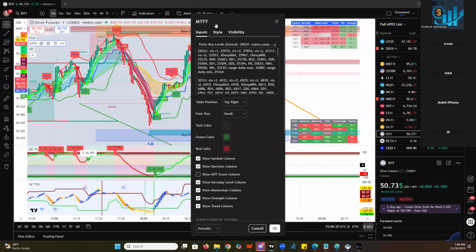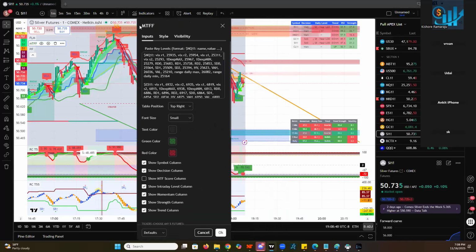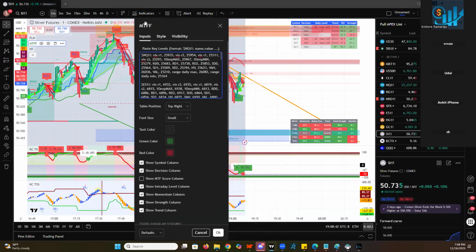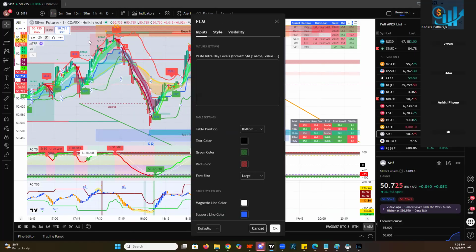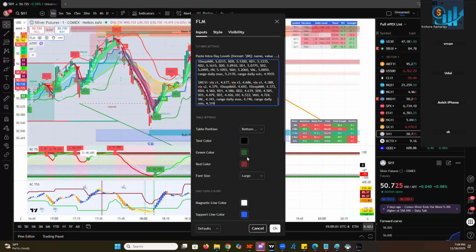Yes, I can see it. So this is what you're saying, right? These are the levels I copied, and this is in MTF. In MTF it is already showing where the daily level is. But you do it in FLM: you copy the same file. Here it is empty, right? You paste the same file here.